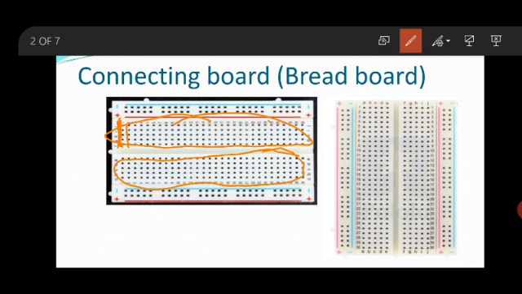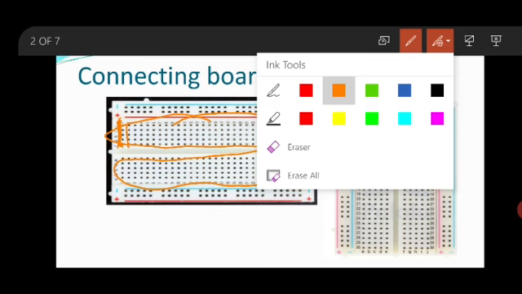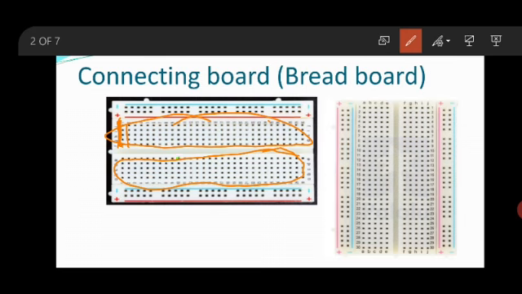If you insert any one component here, for example, if I insert a point here, the full line has the same connection. From this line you can tap most of the components, depending on the circuit diagram. I hope you understood this one.